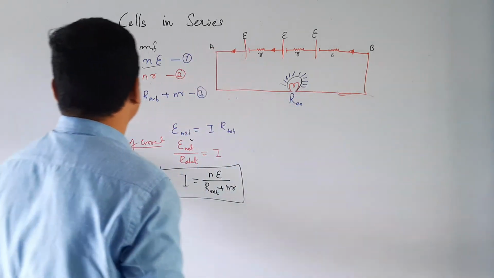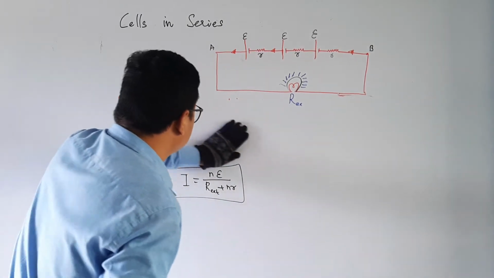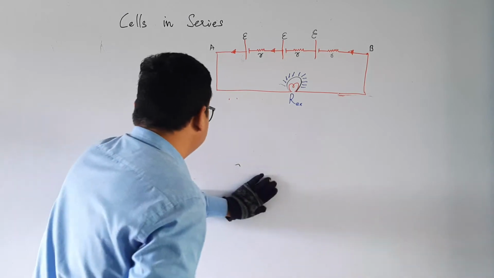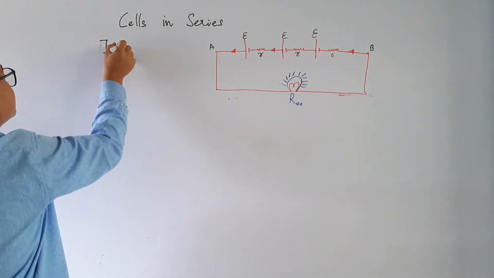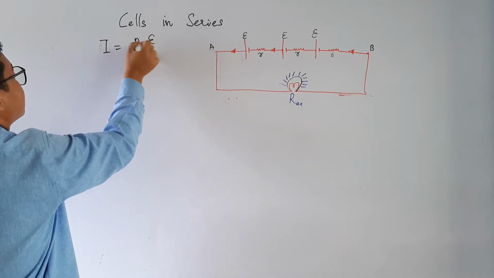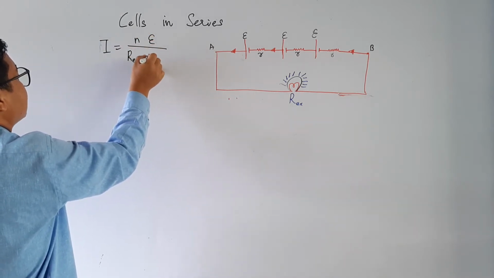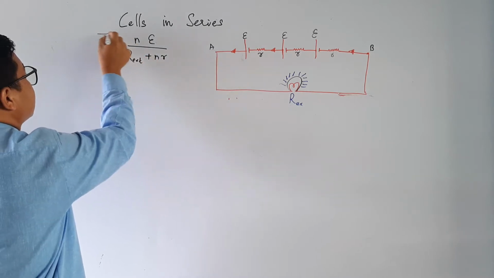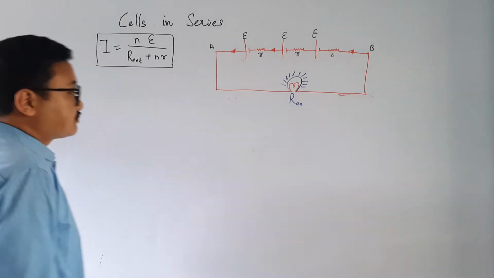Understood? So what we got is very important. This is a very versatile equation. You have to remember this. I is equal to n epsilon divided by R EXT plus n into r. So this is the equation of current in series.